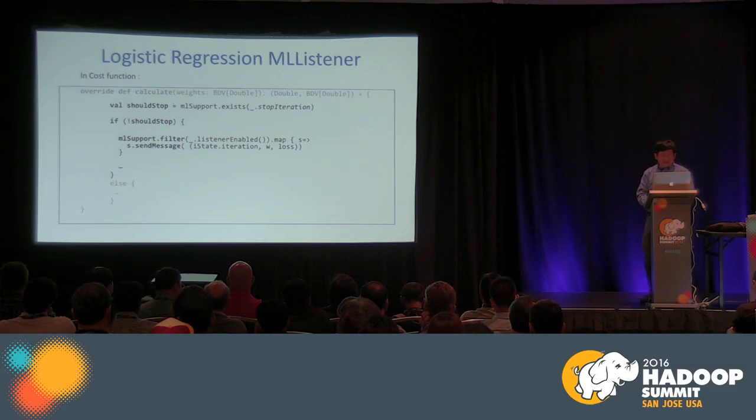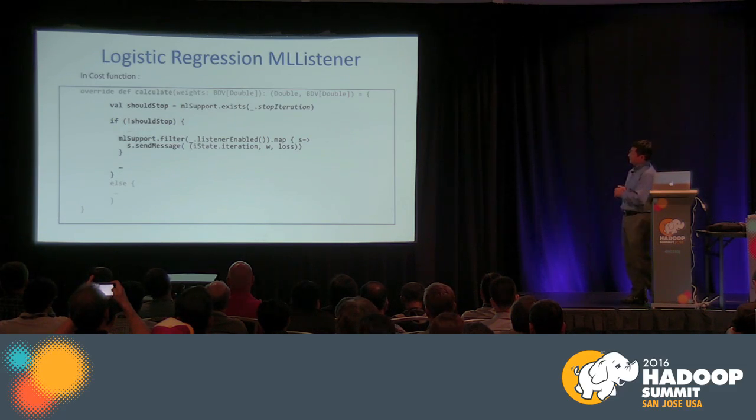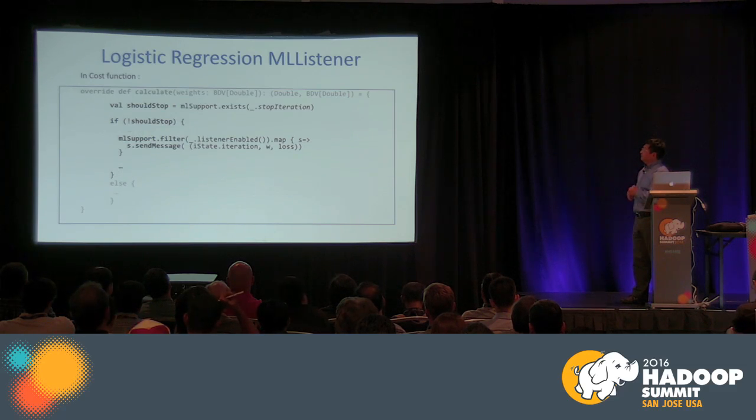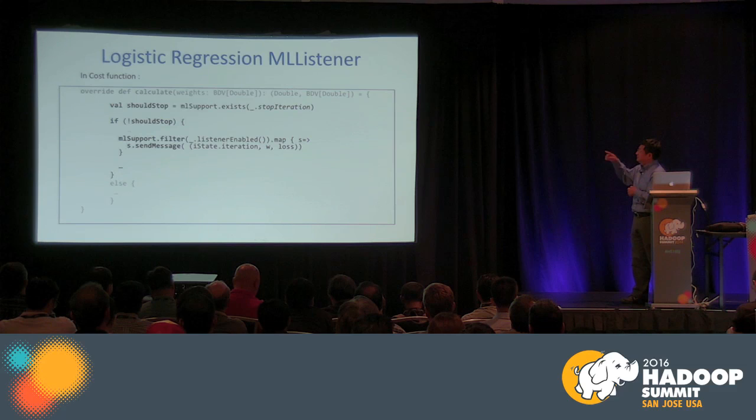The reason is that in the cost function, there's a method called calculate that is called at each iteration. Here I'm simply saying if I should stop, I collect the message and send it over, and if not, I just continue to run. So I keep sending messages.